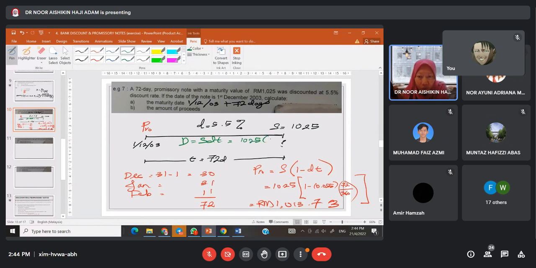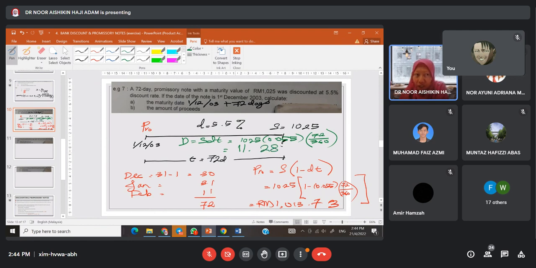Apa you dapat? 1025 times 0.055 times T is 72 over 360. 11 ringgit and 28 cents.